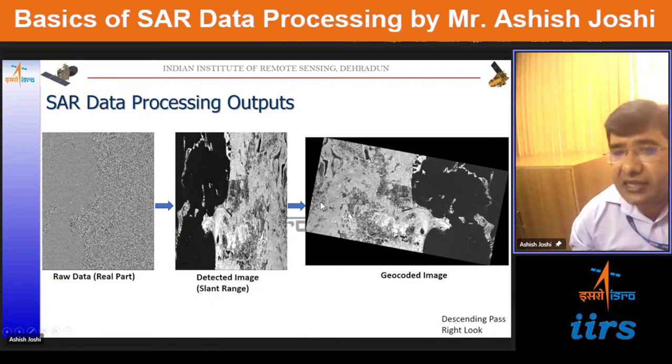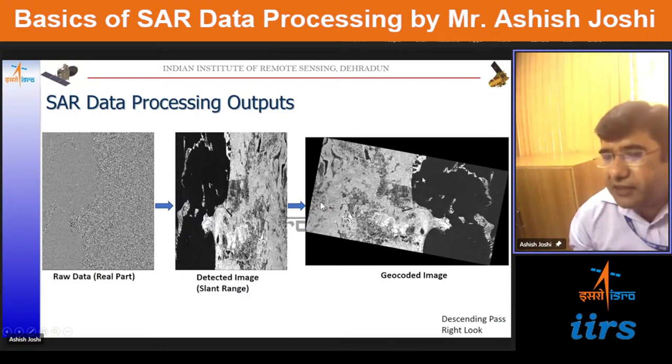You can see this is the general case without any DEM, where we have done the geocoded ellipsoid correction, and this is the geocoded image. This is the raw data, this is the detected image, and this is the rotated image, which means it is rotated towards true north. So this is the proper geometry.